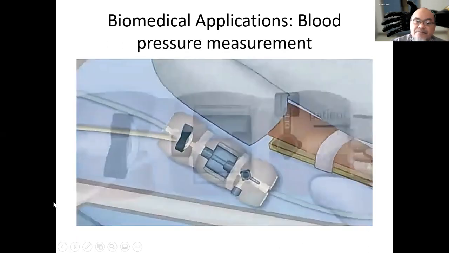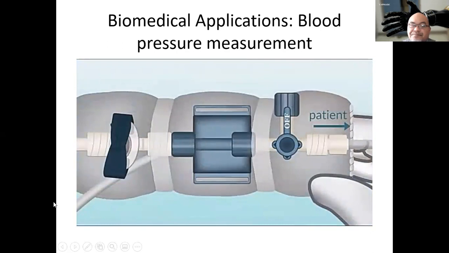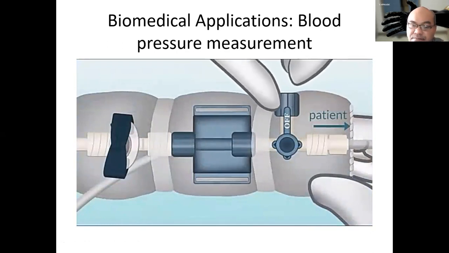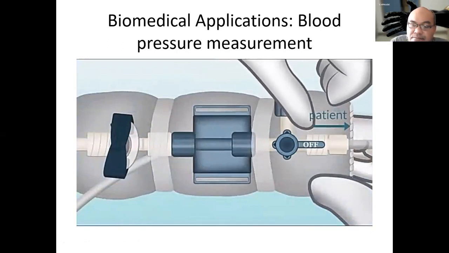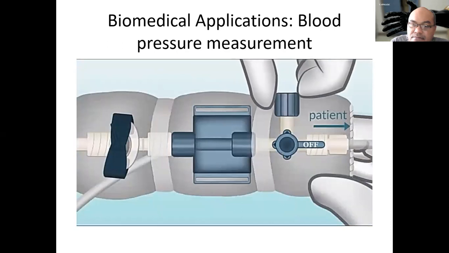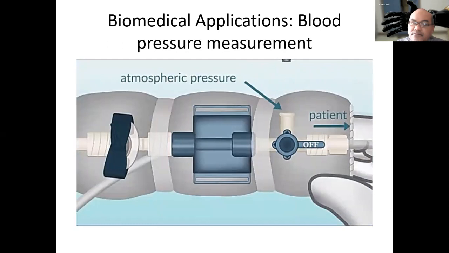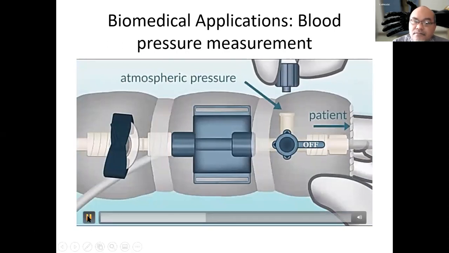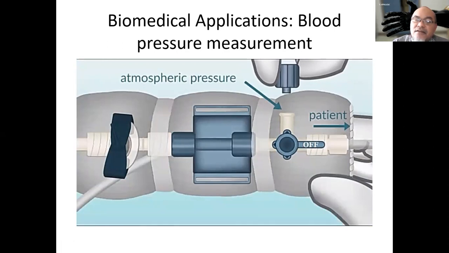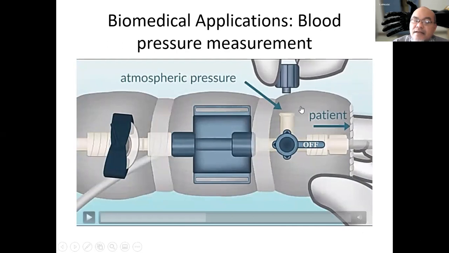The way that's typically done is that we take the transducer and we turn the stopcock off towards the patient so that the only pressure the transducer is seeing now is atmospheric pressure. So when it is like this, this tubing or channel is connected directly to the atmospheric air.